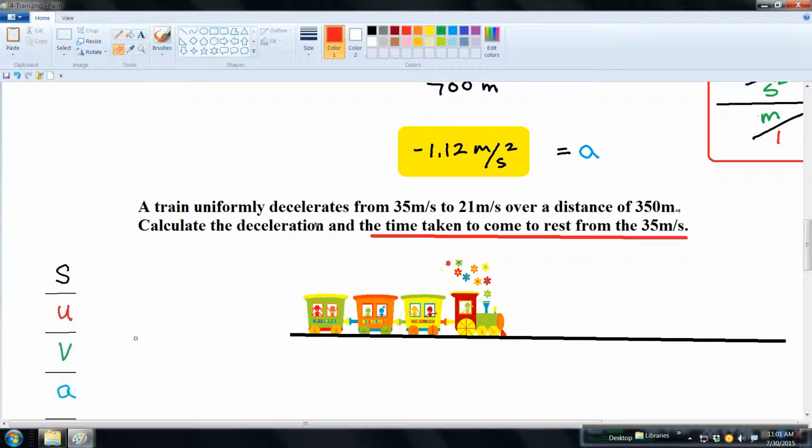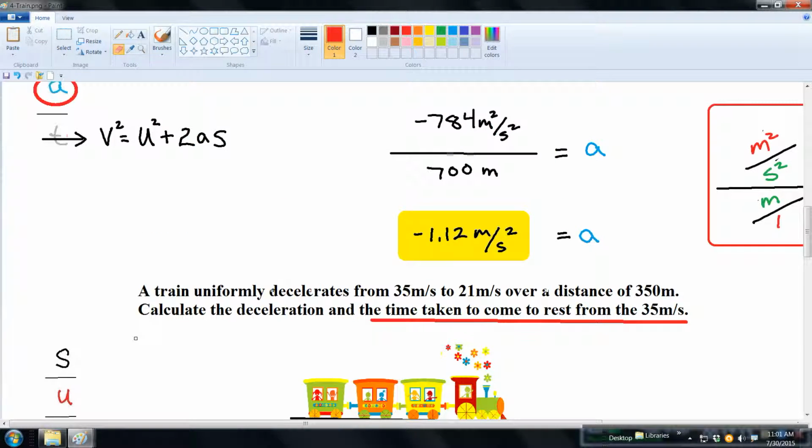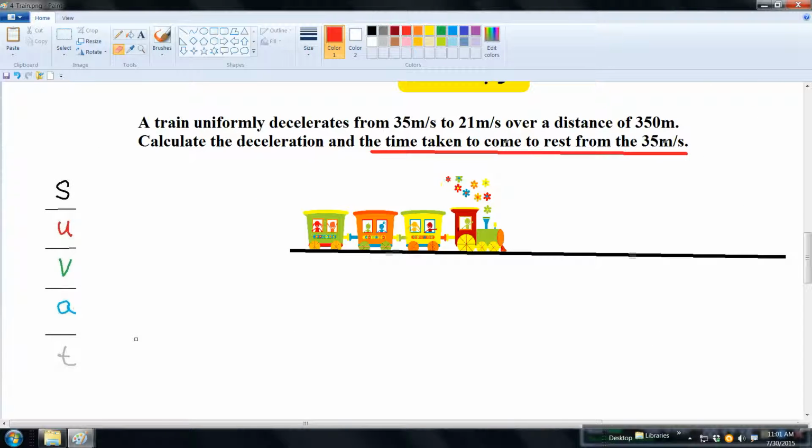Okay, now let's pretend that in the second part of this problem we found the acceleration, but we don't know that. We've got the same problem with the same information, but now they're just asking us the time taken to come to rest if we went from this velocity to that velocity in that amount of displacement.